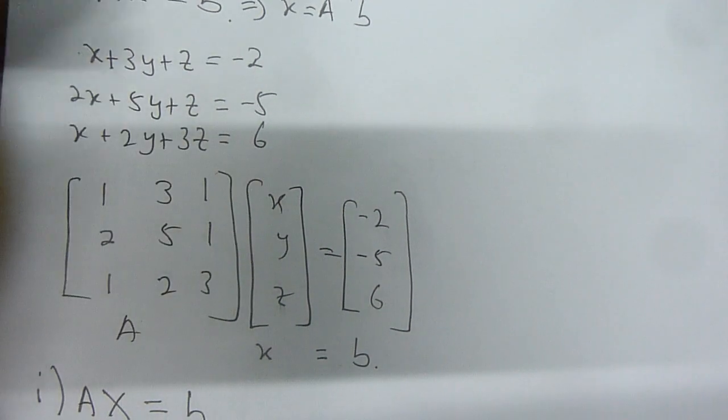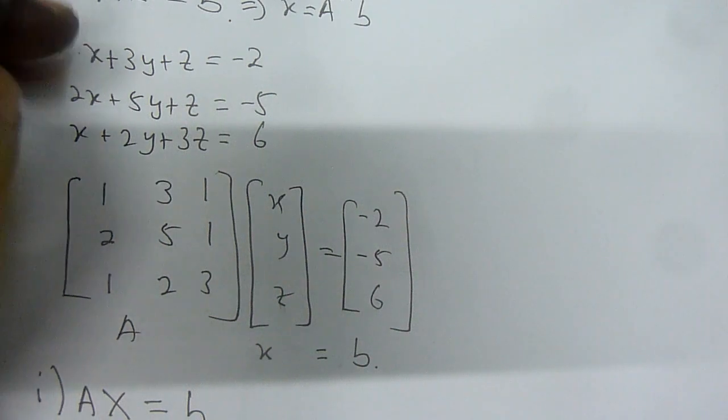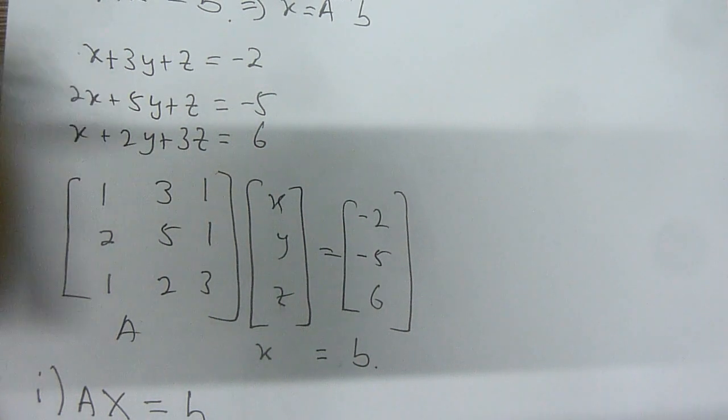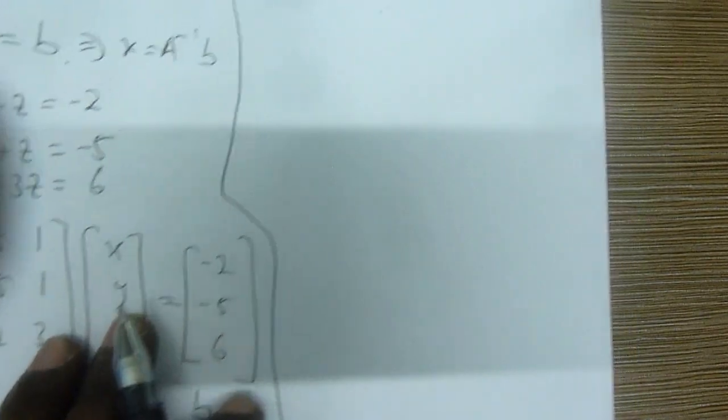But don't use that method. Don't try to use that one, because if the things become complex, you won't be able to solve it by the traditional way of solving 2 equations, then moving to the 3rd equation. No, don't do that. Then you won't be able to solve certain problems at all.